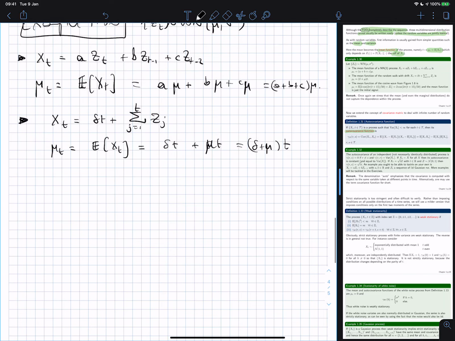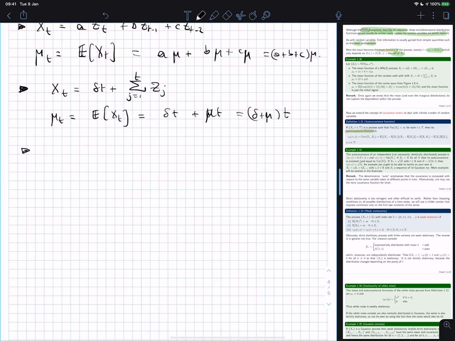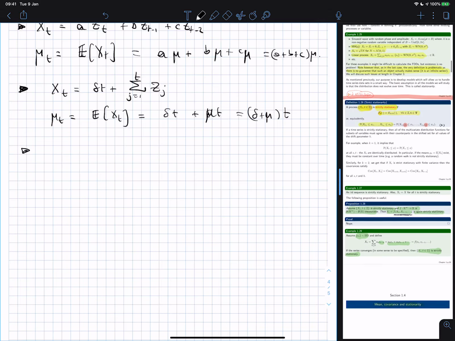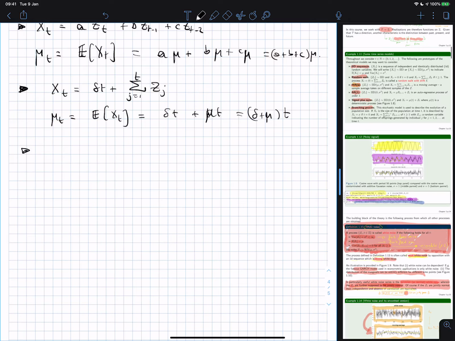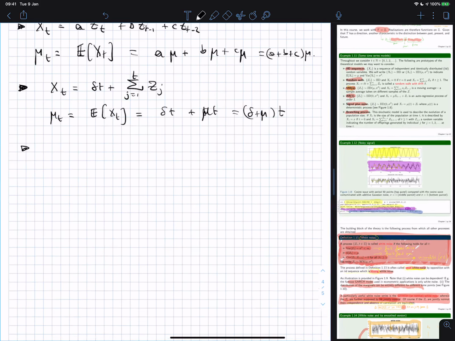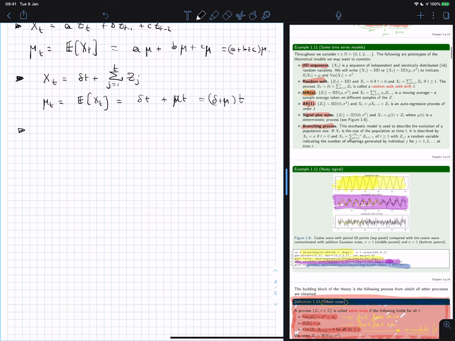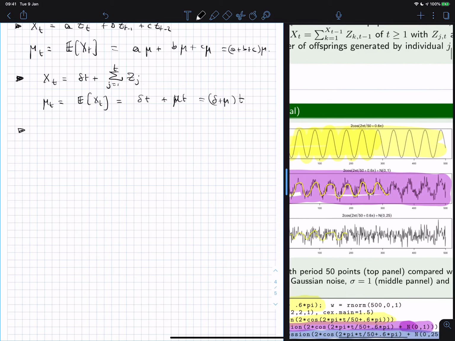Okay. And the last example is the cosine wave from figure 1.8. What was that again? Figure 1.8. Oh yeah, here it is. I took xt equal to 2 cosine of 2 pi t divided by 50 plus 0.6 pi, plus some noise.